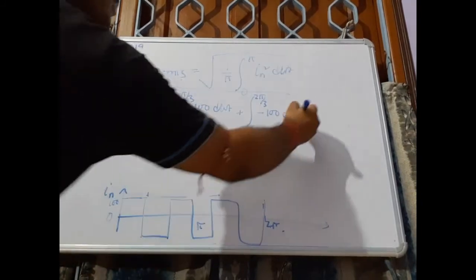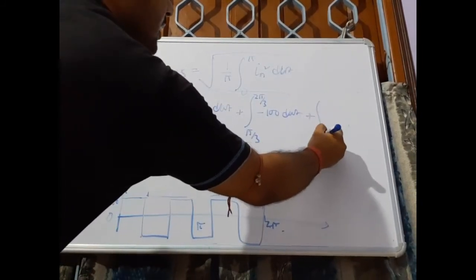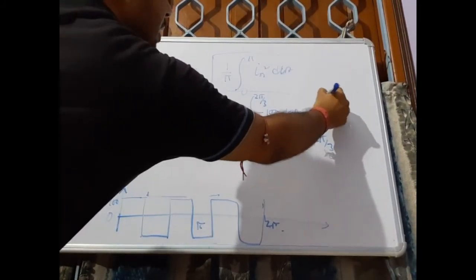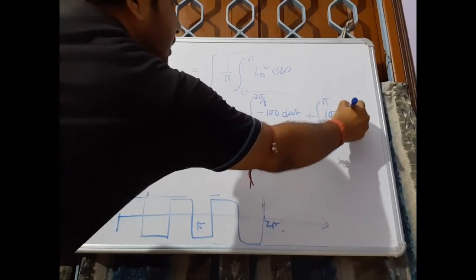And from twice pi by 3 to pi, we have again 100 d omega t.